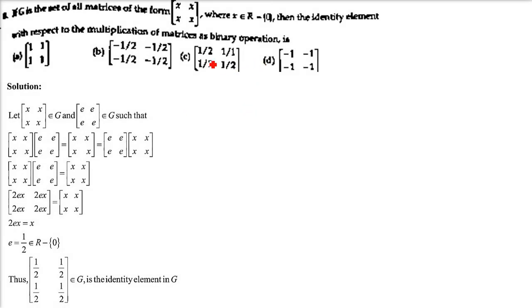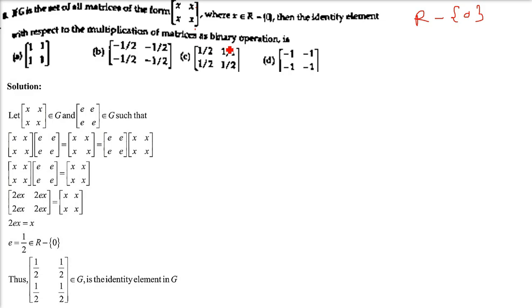Question number 8. If G is the set of all matrices of the form X, X, X, X, where all the elements are the same and X belongs to R minus 0, so you can take any real number but you cannot take 0, then the identity element with respect to multiplication of matrices as the binary operation is.